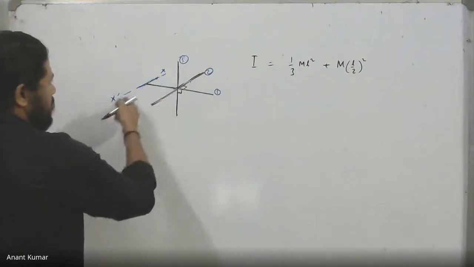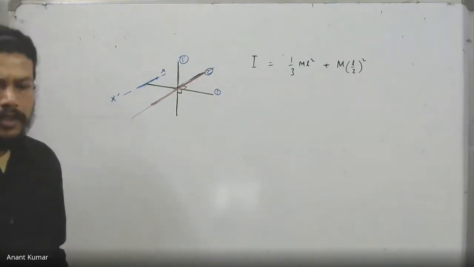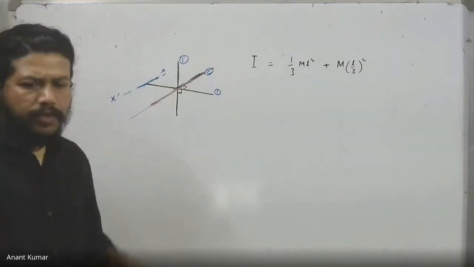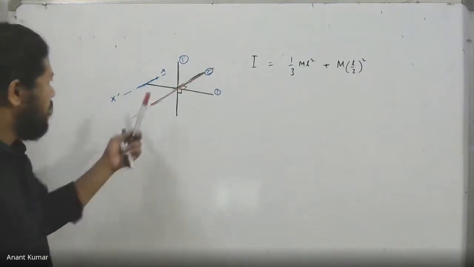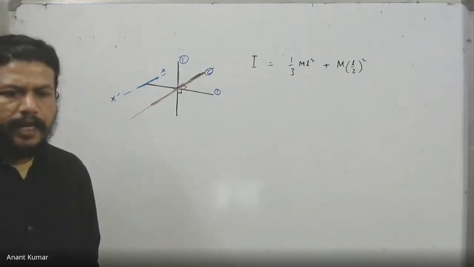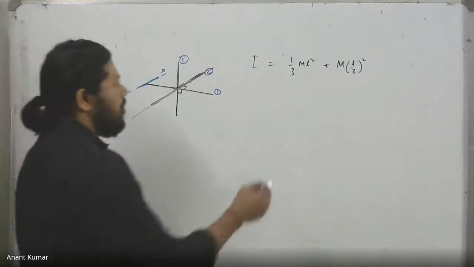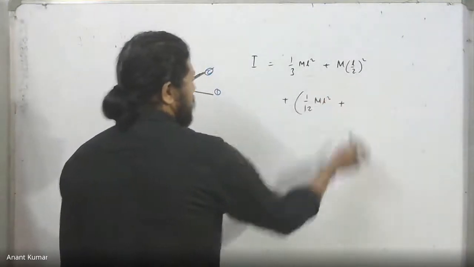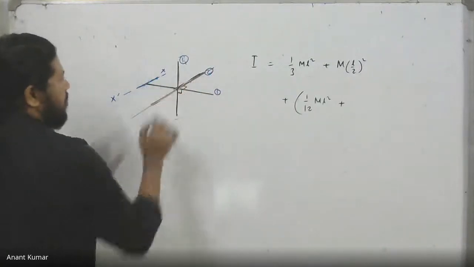I take an axis parallel to xx prime, which is this red line, coincident with the second rod itself. The moment of inertia of the third rod about this axis will be simply ml square by 12, because this axis is at the middle and perpendicular to the rod. To apply the parallel axis theorem, I write 1 by 12 ml square, first of all, plus the total mass of the third rod, m into L by 2 square.